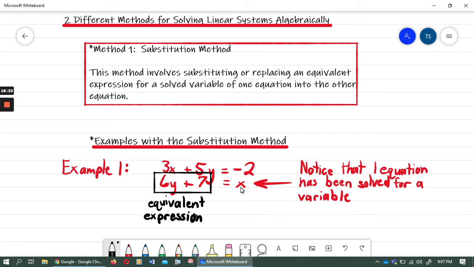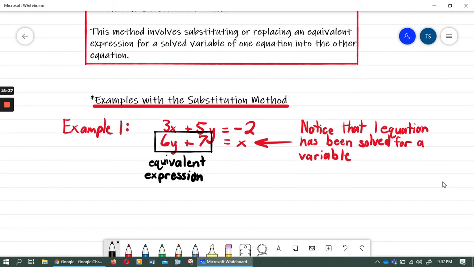Okay, so again, when we're talking about substituting that equivalent expression into the other equation, we're talking about substituting that equivalent expression. You see it? I've got it boxed in, that equivalent expression, and we're talking about substituting it into the other equation. The other equation is 3x plus 5y equals -2, right?